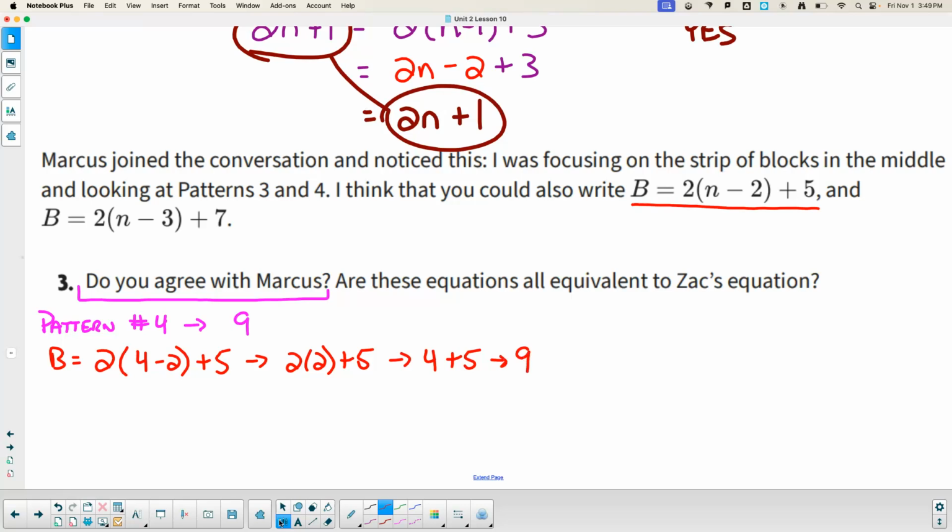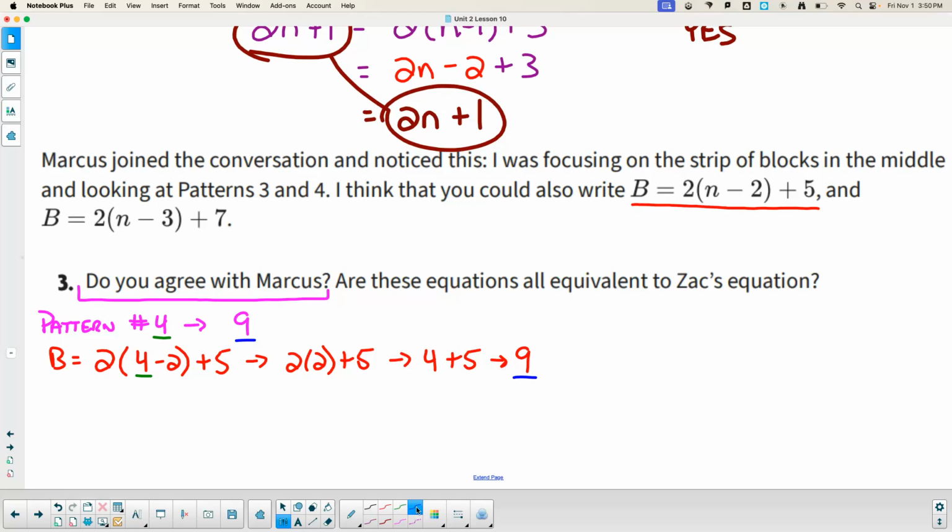So we plugged in pattern number 4, and we ended up getting 9 blocks used. So the red one works out.